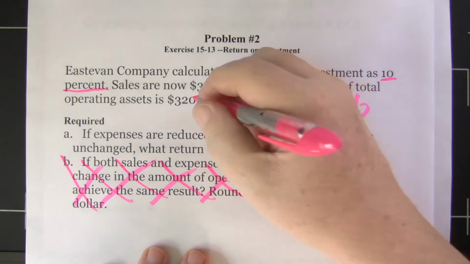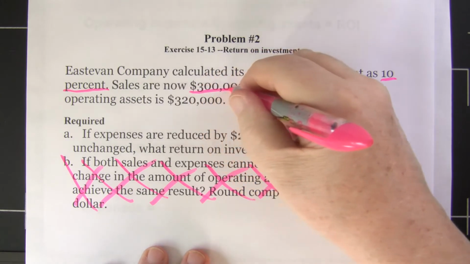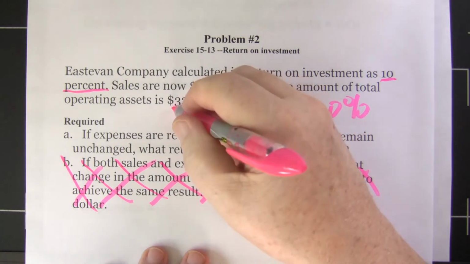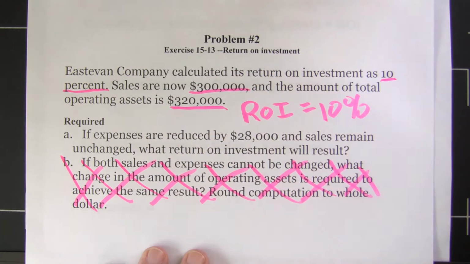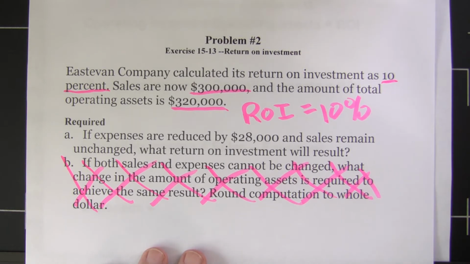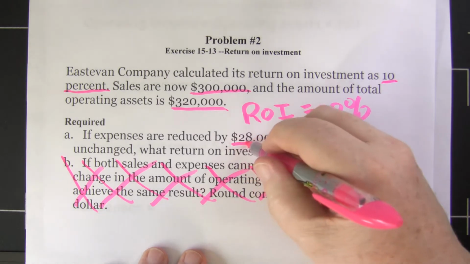We're told that sales are $300,000 and the amount of total operating assets is $320,000. Given that, what happens if we reduce our expenses by $28,000?